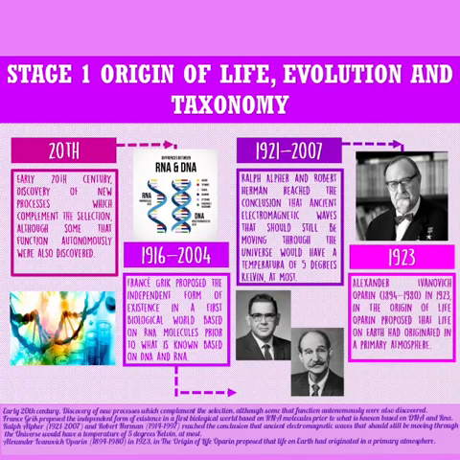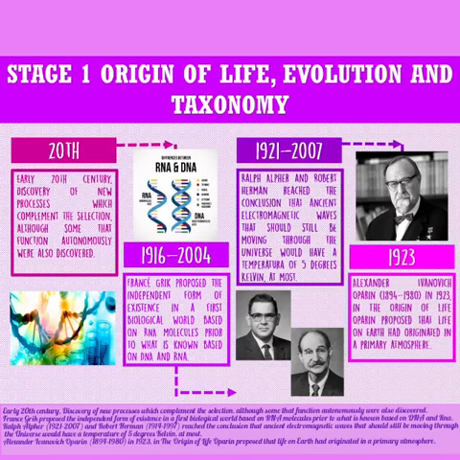Early 20th century: discovery of new processes which complement the selection, although some that functioned autonomously were also discovered. In 1980, French Urey proposed the independent form of existence of a first biological world based on RNA molecules prior to what is now based on DNA and RNA.